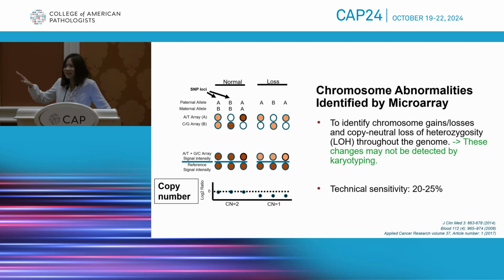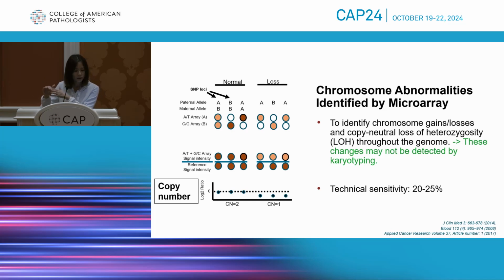If we look at the left side, again, I have to apologize, this is an oversimplified scenario. Look at the left side, normal. Imagine we're looking at a normal cell, and we are using 3 SNP loci as an example. At every single SNP locus, we get a paternal allele and a maternal allele from the dad and from the mom. And so you can see that we have the AT and also the CG array.